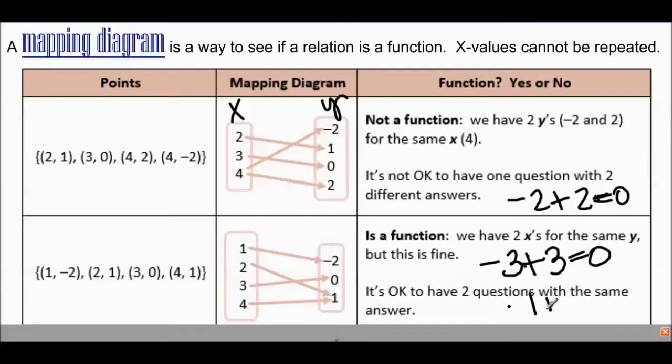And -1 plus 1 equals 0. That is okay. It's okay to have two questions with the same answer. But it would not be okay if I said that something else was the same thing as -2 plus 2. There's nothing else that is going to have an answer of that. That can only be 0.